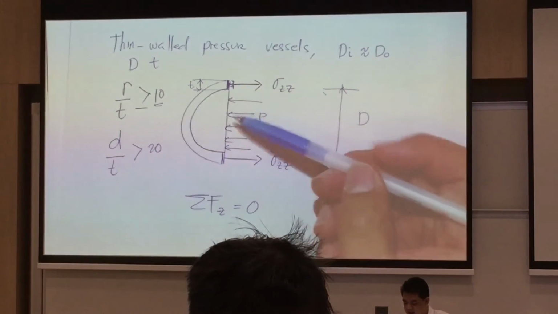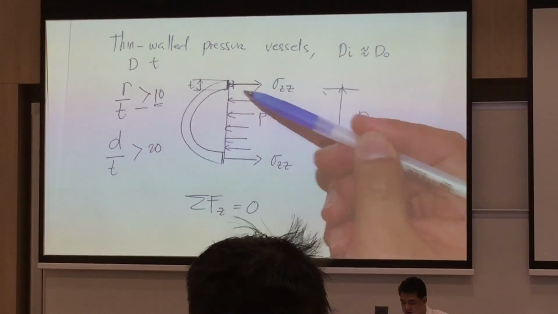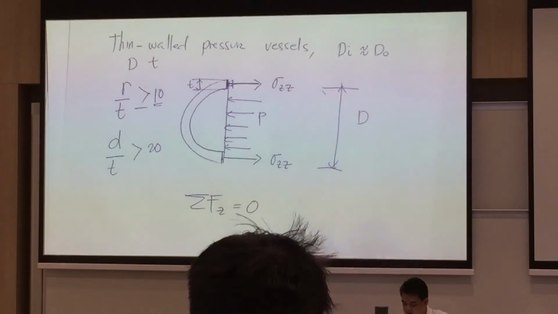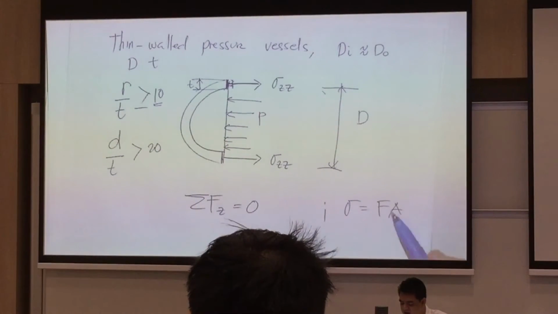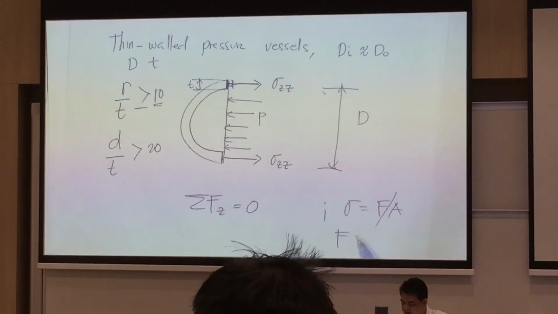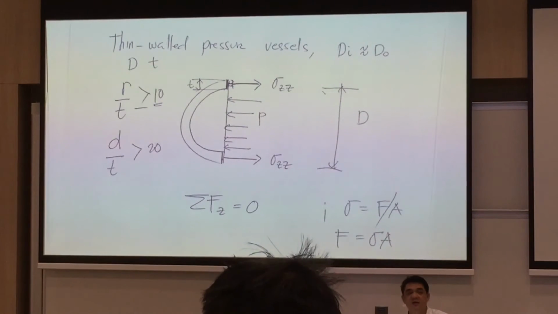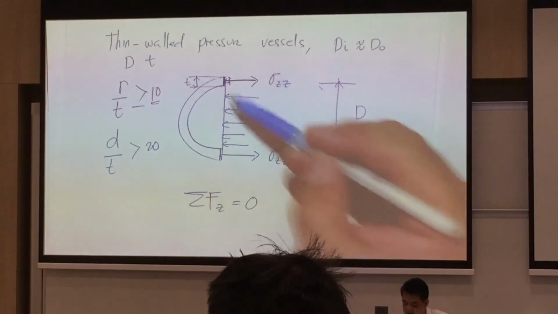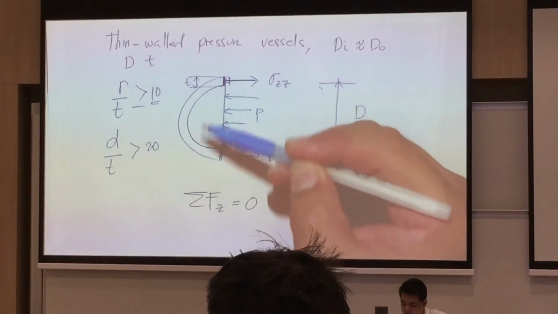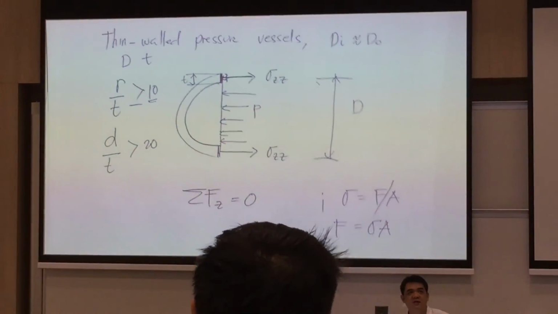Yeah? And then this force here caused by sigma z. So knowing that stress equals force divided by the area, your force is sigma multiplied by your area. So here sigma z, and the area that it's acting upon, what's the area?